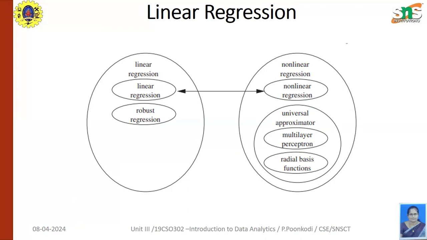But linear regression uses only sequential variables, while non-linear regression uses mixed variables. We use two types of data in data analytics: qualitative and quantitative. In linear regression, we can proceed with either a qualitative attribute or a quantitative attribute.